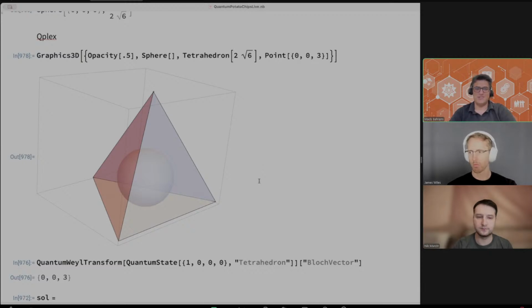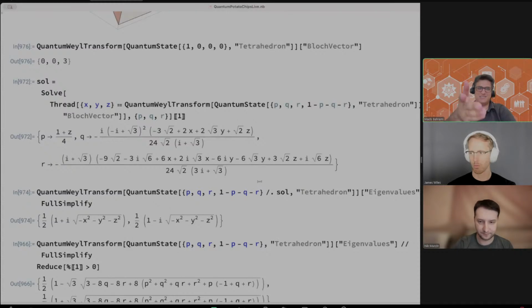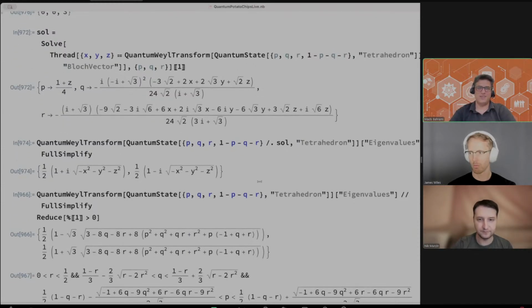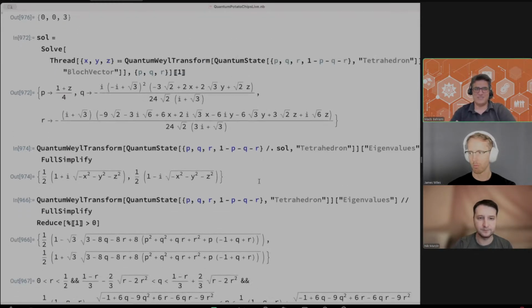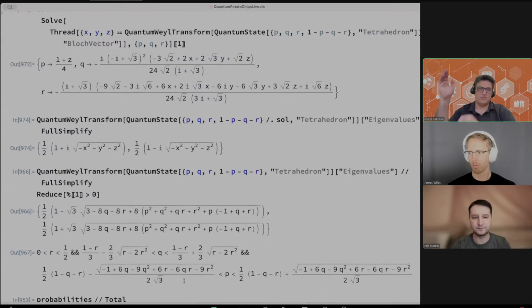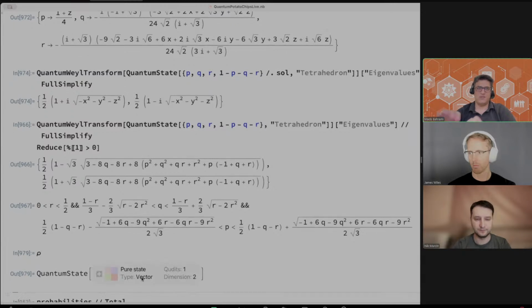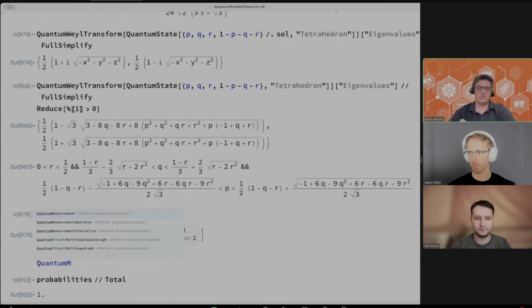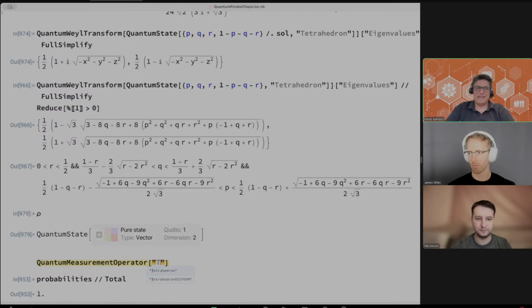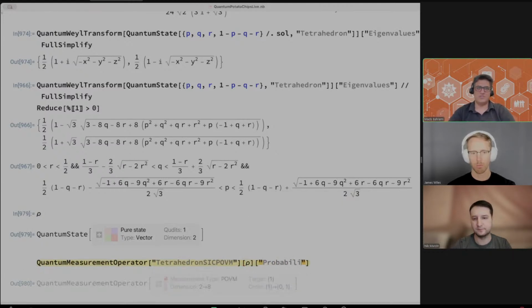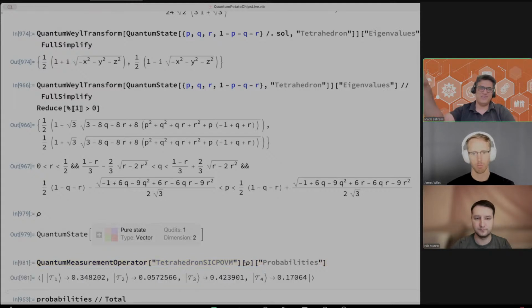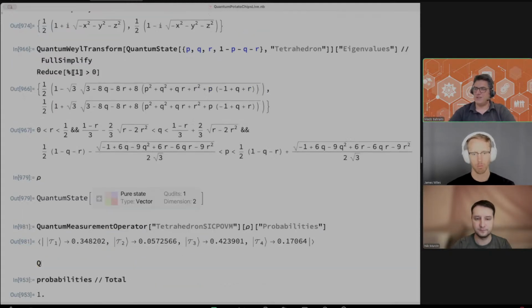Here we are talking about POVMs. That tetrahedron is basically a specific basis representing a very particular POVM. Then you have infinite freedom in how many POVMs you want to pick and what you want to do with them. And of course, somebody can ask, what is the optimal way of doing that? What is the best way of picking those POVMs?